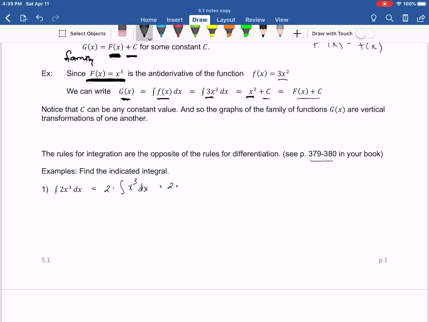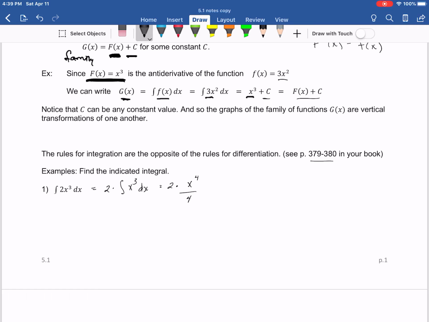Now I'm taking the antiderivative of x cubed. So that means it's the opposite of what you would have done had it said take the derivative. Had it said take the derivative, you would bring the 3 down in front, lower the exponent by 1. So we're going to go backwards. We are going to increase the exponent by 1 and divide by that number.